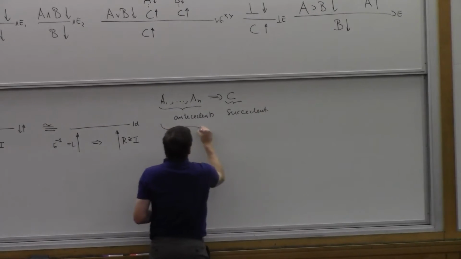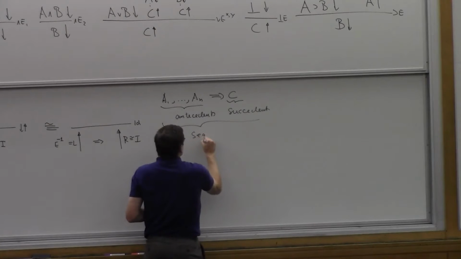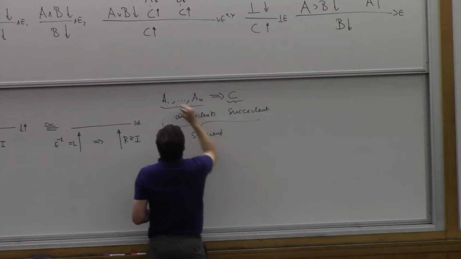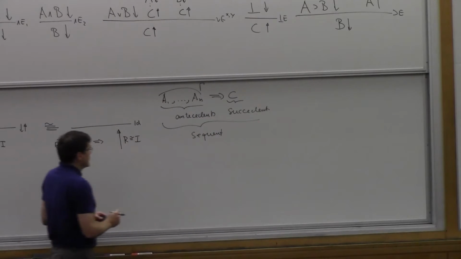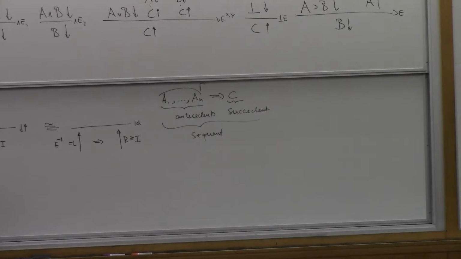The whole thing is called the sequent. And the antecedents are usually abbreviated just by the letter gamma, so I don't have to write dot, dot, dot all the time. The things in gamma are the things that I have derived by going downwards, by elimination rules, and the succedent is the thing that I'm trying to prove with an up arrow.